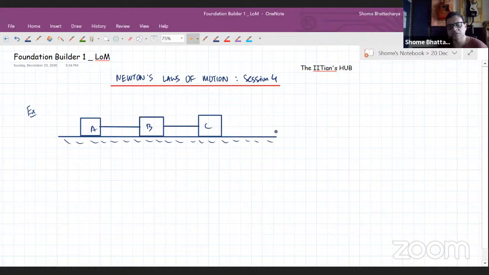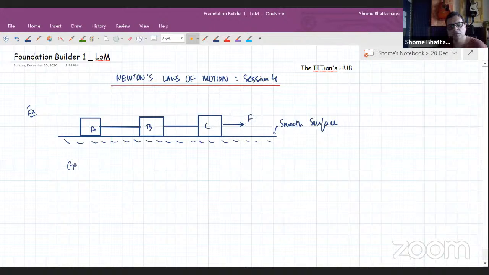And this is a smooth frictionless surface. And we are pulling this with an external force acting horizontally equal to F.